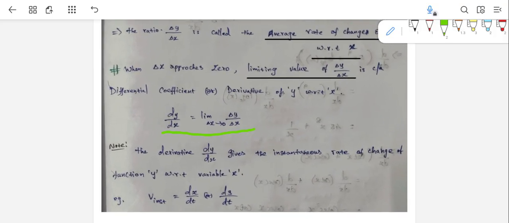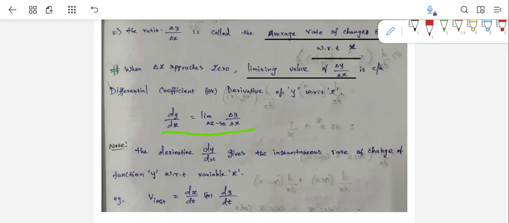And here is the main thing which we need in physics. The use case of differentiation in physics is this main point: this derivative dy by dx gives the instantaneous rate of change of function y with respect to variable x.